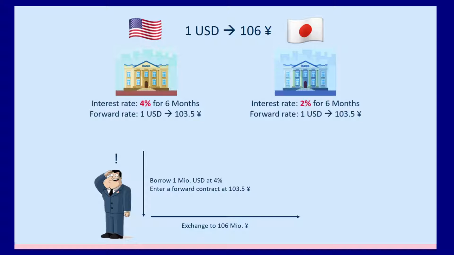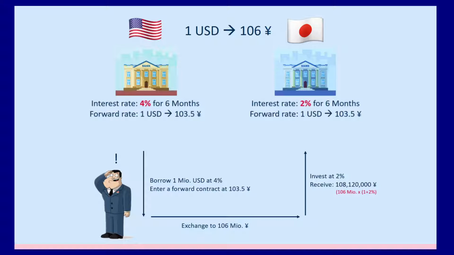I go to the Japanese bank and say, hey, I want to invest 106 million Japanese yen for 6 months. And they say, okay, you get 2% interest. All right, so I invest at 2%. I receive 106 times 1 plus 2%, 108,120,000 Japanese yen.